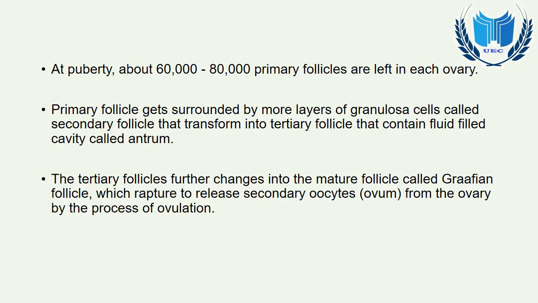The primary follicle gets surrounded by more layers of granulosa cells, which is called the secondary follicle, which transforms into the tertiary follicle that contains a fluid-filled cavity, which is called antrum. The tertiary follicle further changes into the mature follicle, which is called the Graafian follicle, which ruptures to release the secondary oocyte, that is ovum, from the ovary by the process of ovulation.